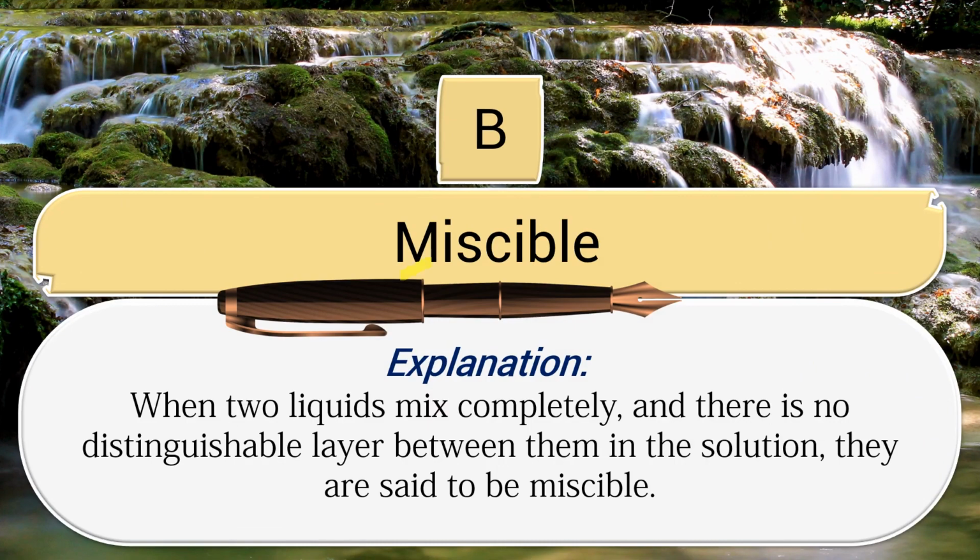The answer is miscible. When two liquids mix completely, there is no distinguishable layer between them in the solution. They are said to be miscible.